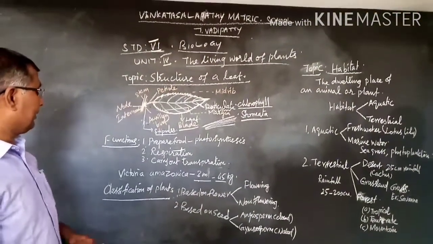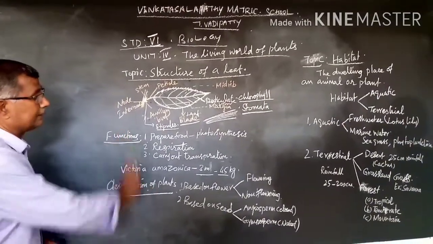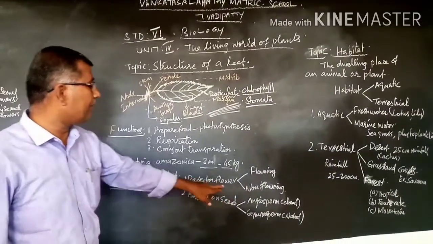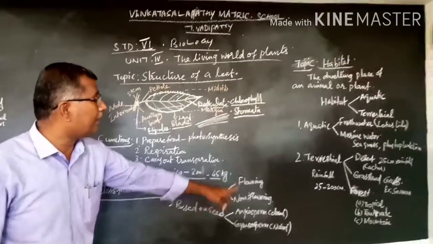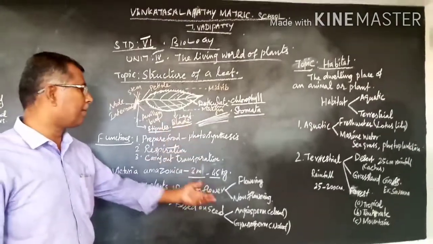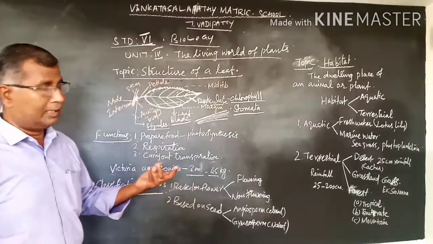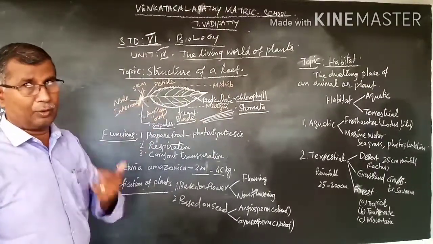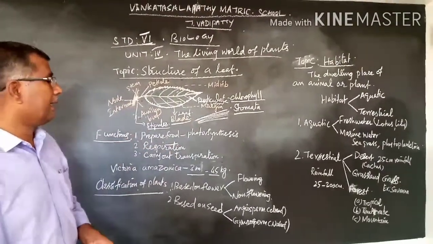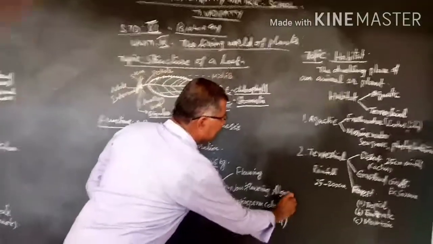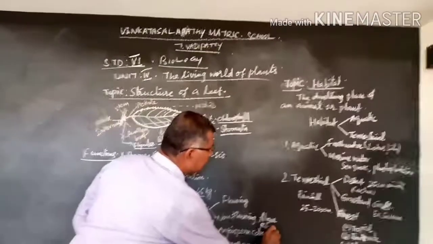Then classification of plants. Depending upon the flower, plants are classified as flowering and non-flowering. Flowering plants include mango and guava.